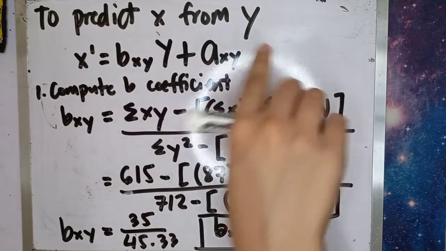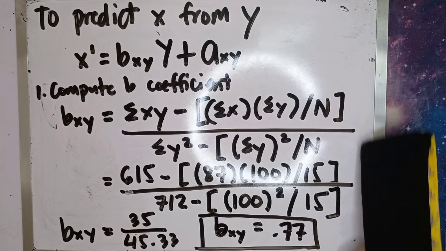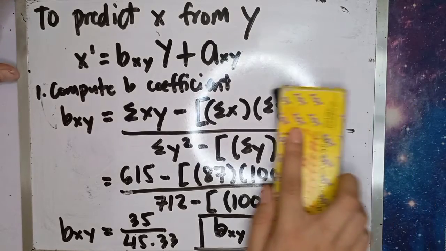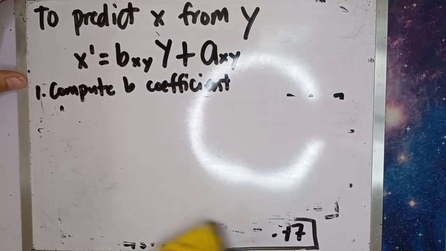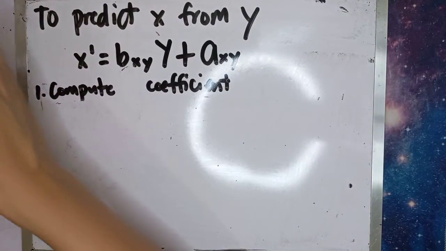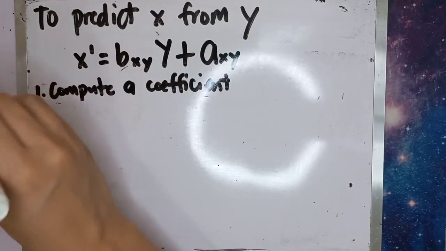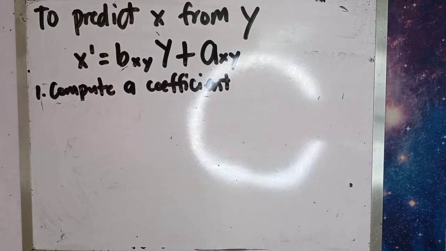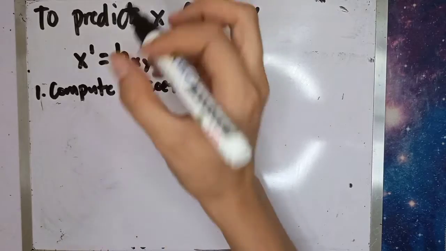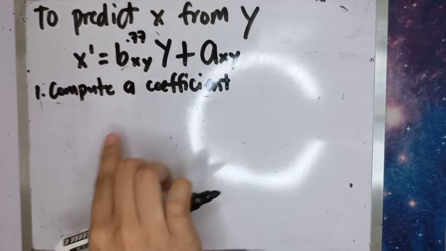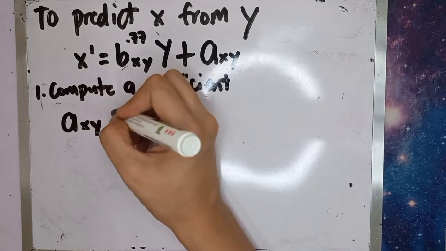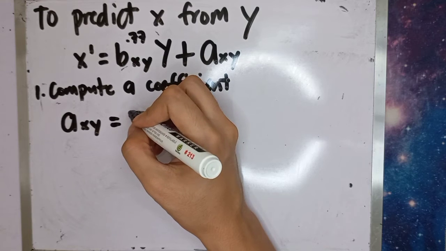Sunod naman natin yung a coefficient. Kung nabibilisan kayo sa pag-erase ko, i-pause nyo na lang yung video. So, ang b coefficient natin ay 0.77, right? Ang formula ng a coefficient, again, mas madali kaysa sa b coefficient, mas maikli.